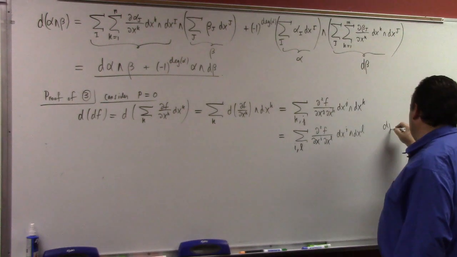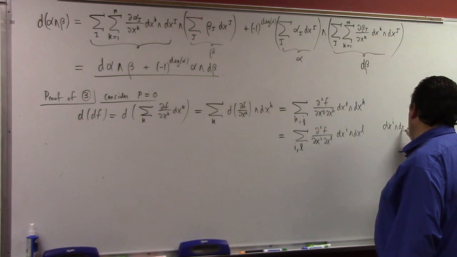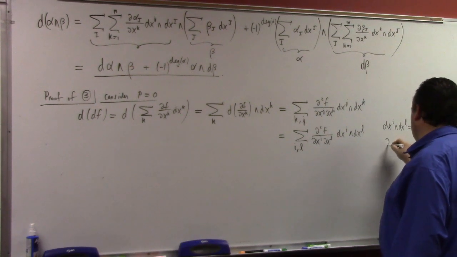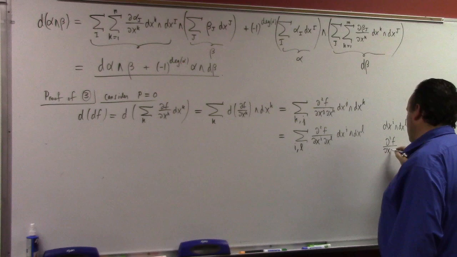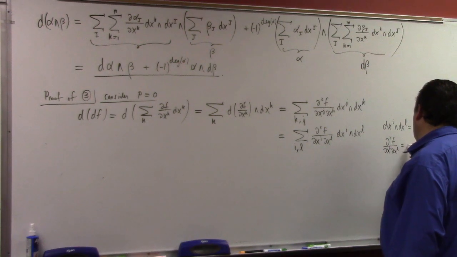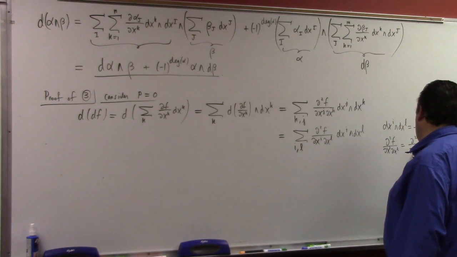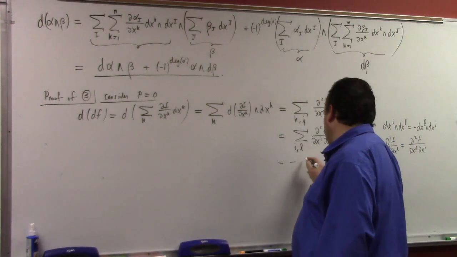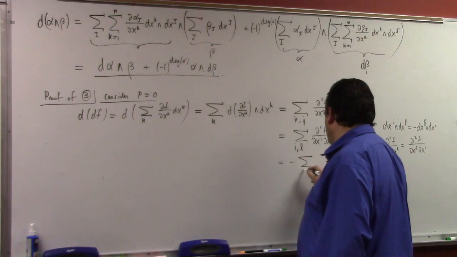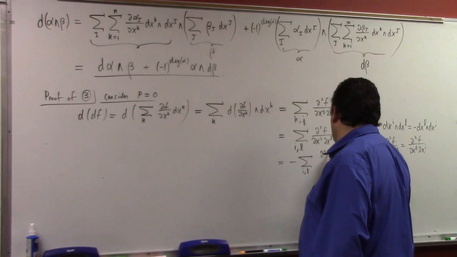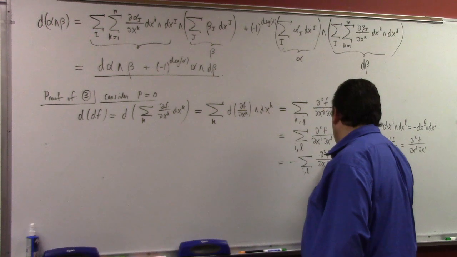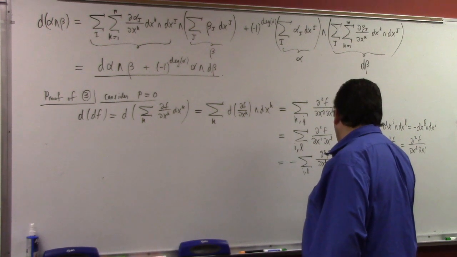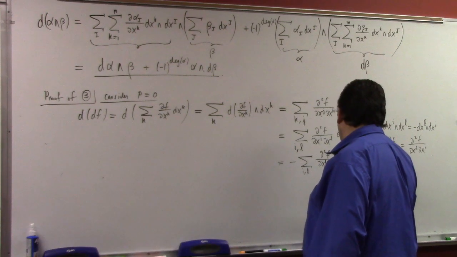But I know that dxi wedge dxl is minus dxl wedge dxi, and I know that partial squared f partial xi partial xl is equal to partial squared f partial xl partial xi. So this is minus the sum over I and L of partial squared f partial xl partial xi dxl wedge dxi, right?